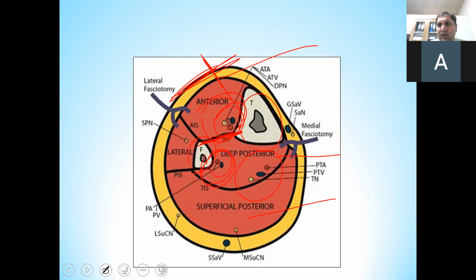So there is a great deal of variation in the peroneal artery and vein. That's why it will be a bit difficult to differentiate it from the rest, as compared to the posterior tibial artery and vein, because the posterior tibial artery and vein is very prominent, and that can very easily be located and differentiated from the rest of the structures just behind the medial malleolus.